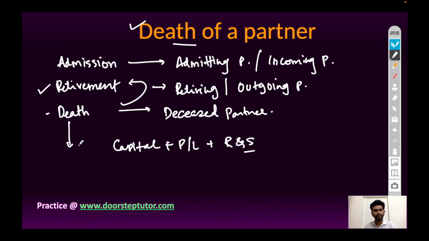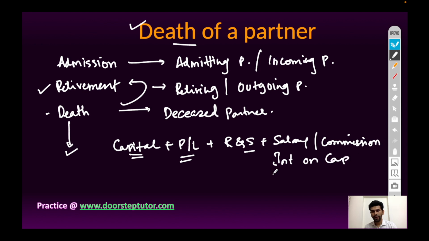Similarly, in case of death of a partner, the legal representative of the deceased partner will take away the capital of the deceased partner, his share of profit, and reserve and surplus, plus salary or commission payable to the deceased partner for extra work done, interest on capital, interest on drawings, or interest on the deceased partner's loan.